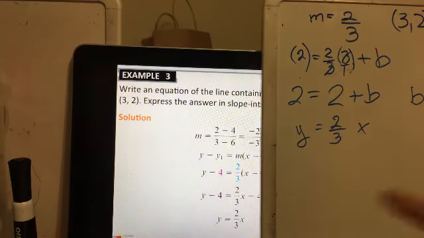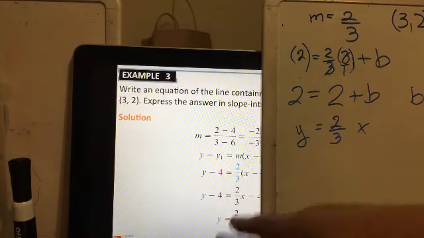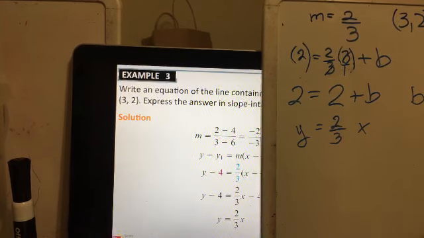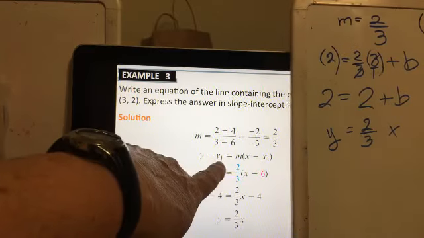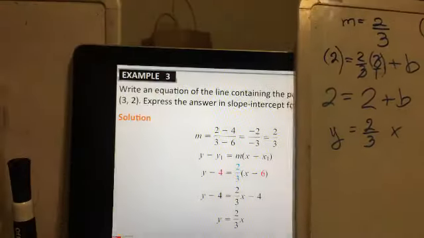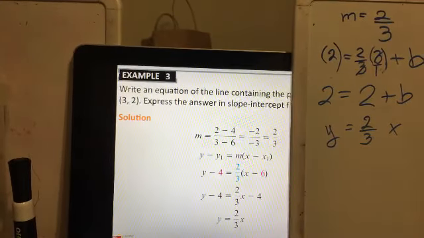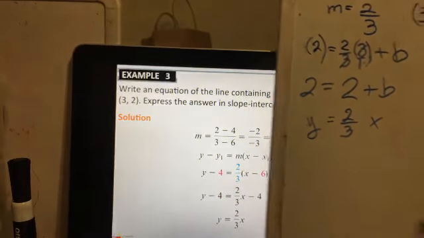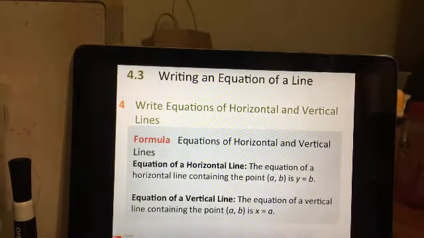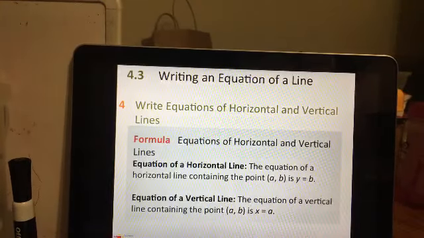I come up with the same equation that I did using the point-slope form of the line. So if you do forget your point-slope form of the line, just remember you can use your slope-intercept form to get the same job done. Very, very handy.